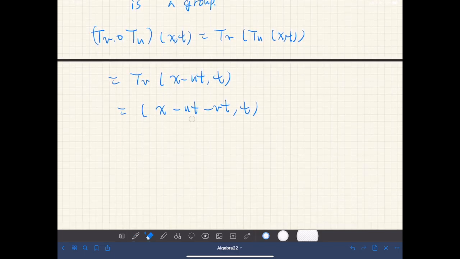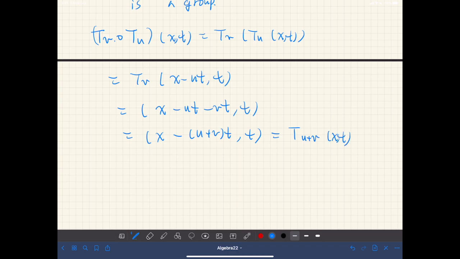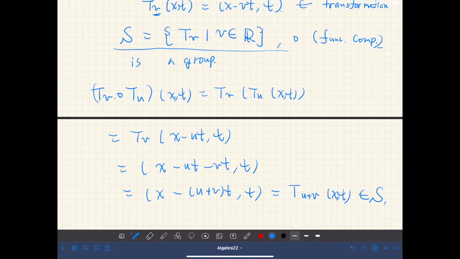Now we can factorize the first argument: (x minus (u plus v)t, t). But this is the transformation defined as T_(u+v) of (x, t), which belongs to the set S. So this set is indeed closed under function composition.